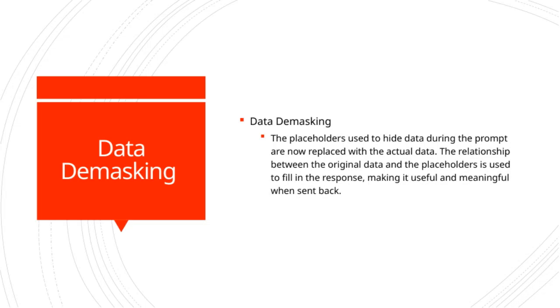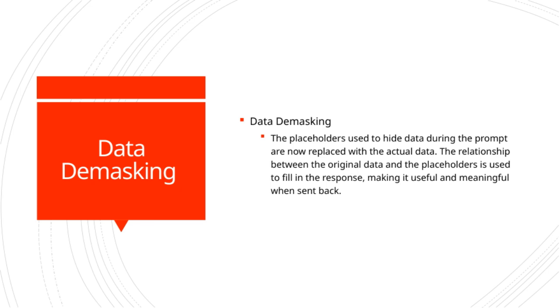Now, let's talk about data demasking. Essentially, this is the process where the placeholders that we use to hide data during the prompt are replaced with the actual data. What does that mean in practical terms? Well, the system takes these temporary stand-ins and maps them back to the real data they represent. The relationship between the original data and these placeholders is crucial because it allows us to accurately fill in the response.